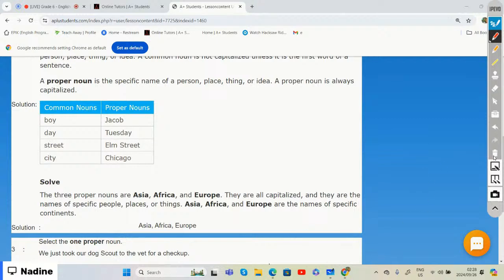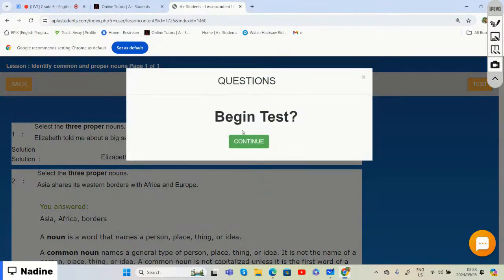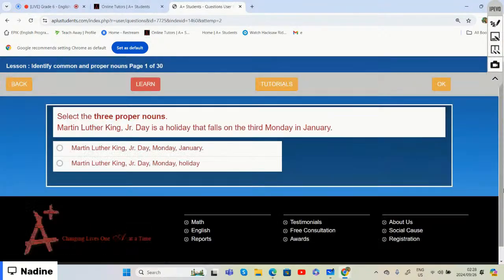All right, so now let's go to our test, where we are going to identify common nouns and proper nouns. We need to select three proper nouns within the sentence.